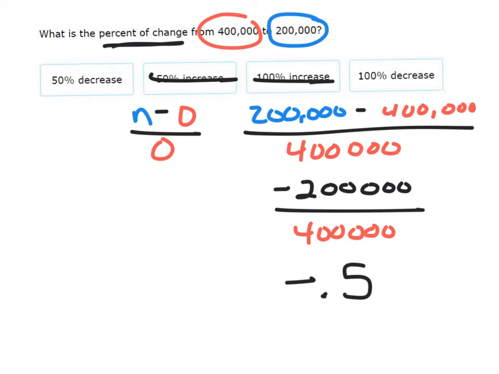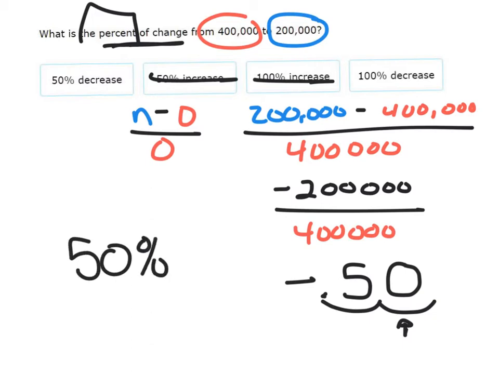Again, I need the percent of change, so I need to convert this to a percent. I move the decimal 2 places right. Since I don't have a value in this spot right here, I'm going to fill it in with a 0. And this becomes 50%.